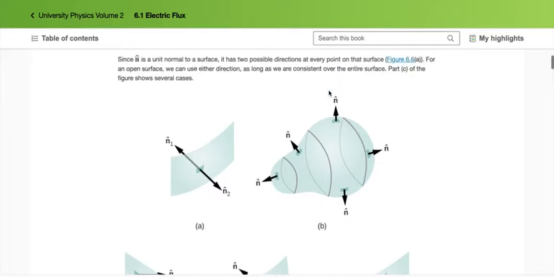Or what if I had some kind of closed surface? So a 2D surface that encloses a 3D volume. Then my normal vectors, really I have two different choices here. I could choose my normal vectors that point out, or I could choose the ones that point in.